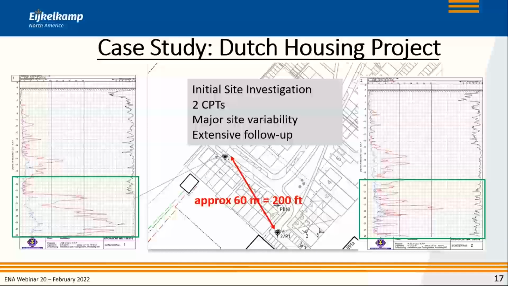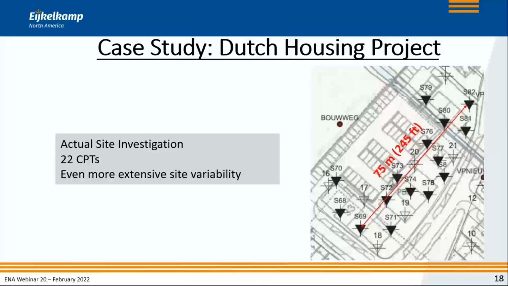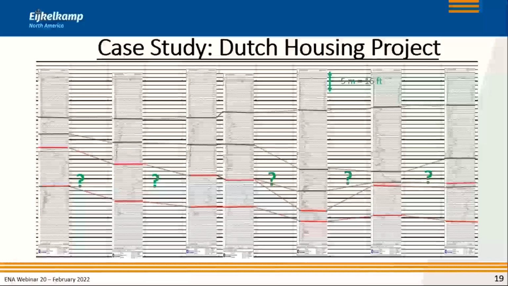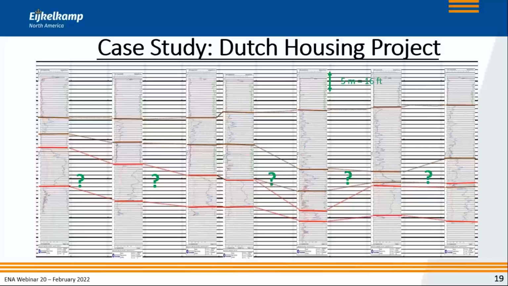And that meant that there was some extensive follow-up. Extensive in the sense that 22 more CPTs were planned. The contractor wanted to play it safe, and you see here the locations of those additional CPT soundings that were ordered. When that was done, it was somewhat clear, but not really all that much.